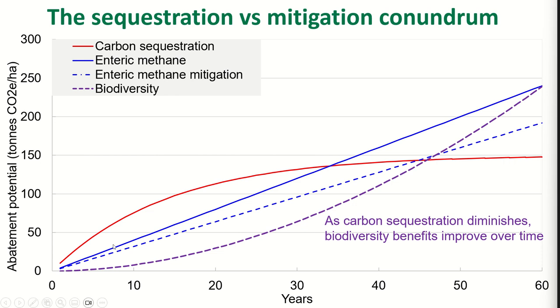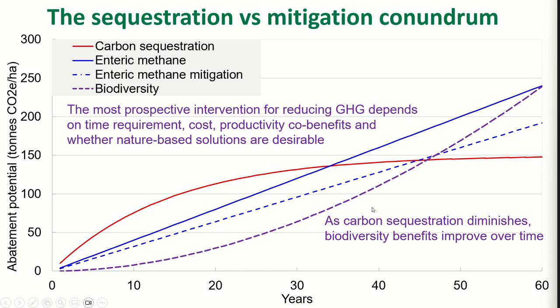So if you think about biodiversity habitat benefit associated with planting native species, you don't really get a lot until 15 or 20 years after the tree is planted. In fact, the shape of the biodiversity benefit curve is pretty much the opposite to what it is for carbon sequestration.